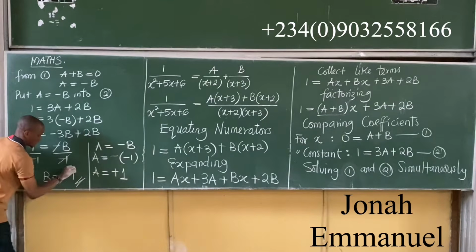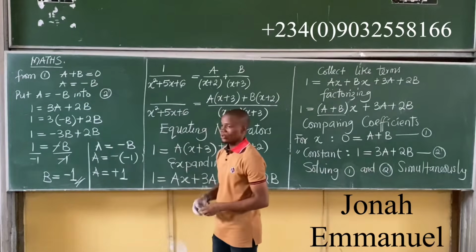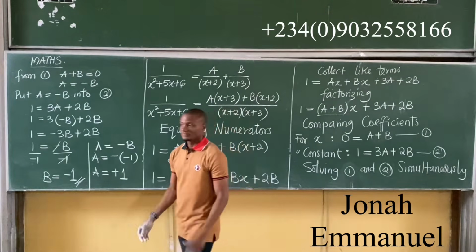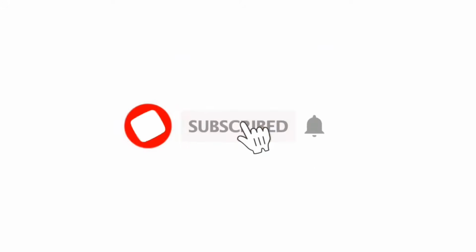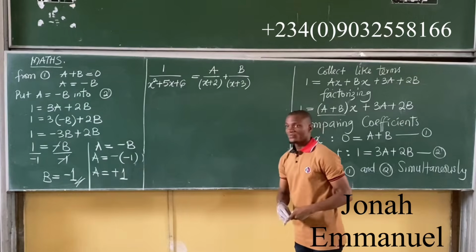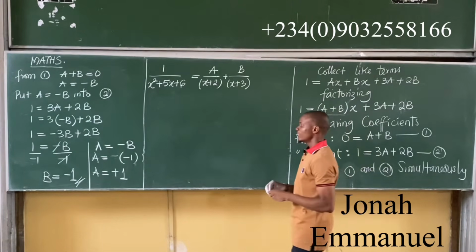So a is 1, while b is minus 1. So I have a as 1 and b as minus 1. Alright, so if you got the value of a as 1 and b as minus 1, that will allow me to put the value of a and b back into our general form.